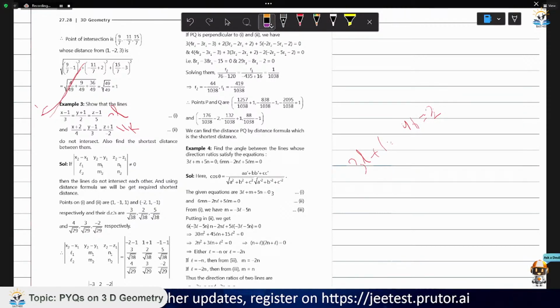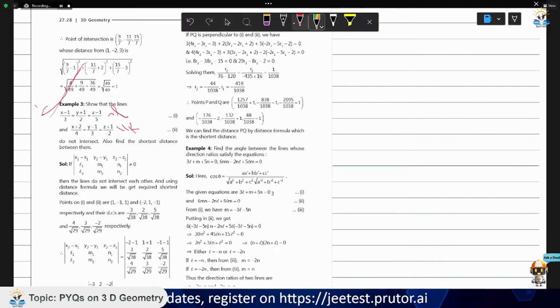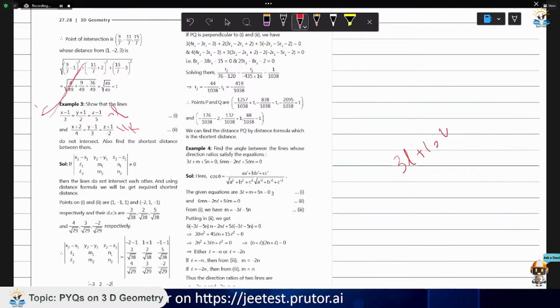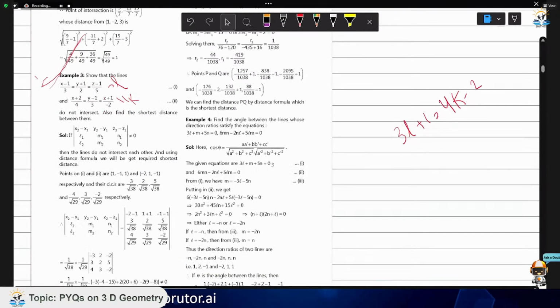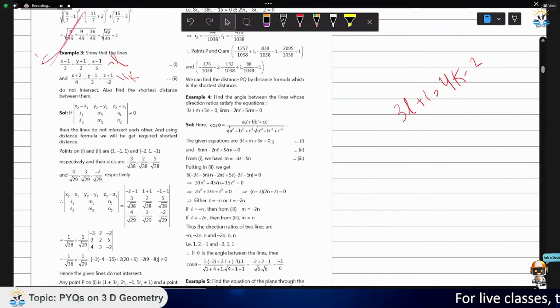Let me write it again for you guys. 3l plus 1 should be equal to 4k minus 2. And then if you solve it for the other equation, you will not get a uniform solution, right? So if you do not get a uniform solution, that means they do not intersect. So first things first, that is done.